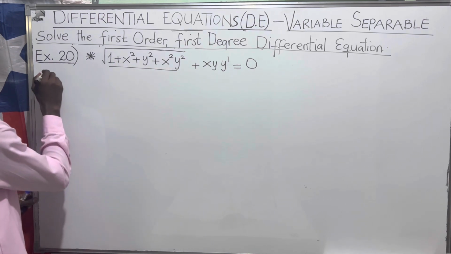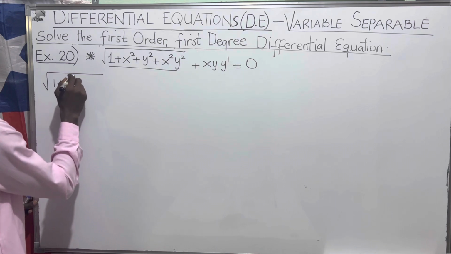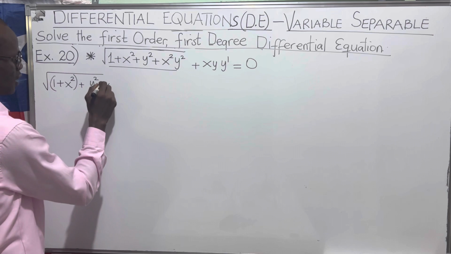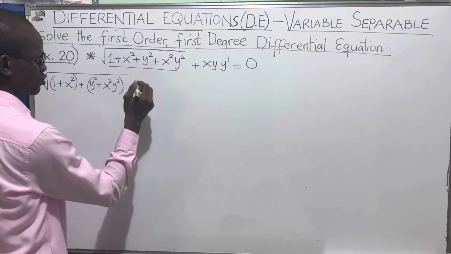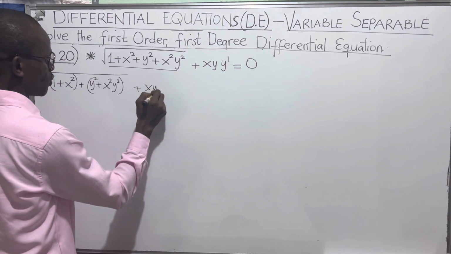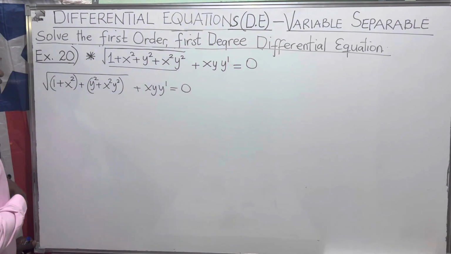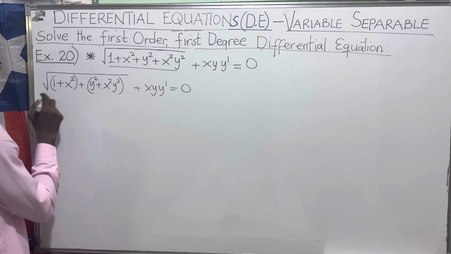We group the first two terms, 1 plus x squared, and the last two terms, y squared plus x squared y squared, plus x y prime equals 0. The next thing we need to do is to factor out what is common.